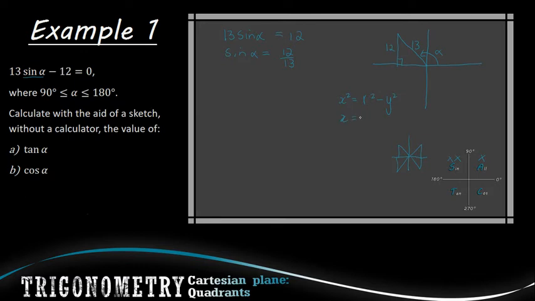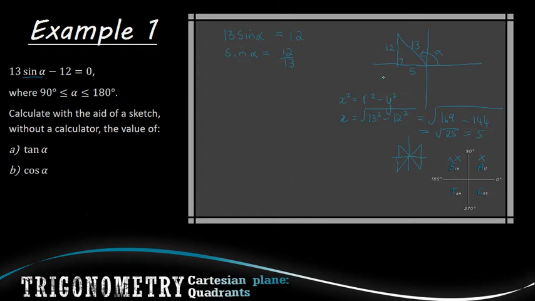So x is the square root of r, which is 13 squared, minus y, which is 12 squared. So this is the square root of 169 minus 144. And here you can use your calculator to substitute this. So this is going to be the square root of 25, making this equal to 5. So this side is then equal to 5.